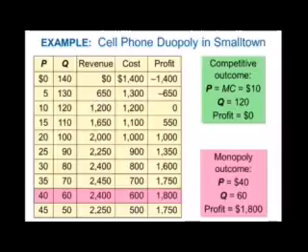So if there was just a monopolist, for example, just AT&T in the market, then the price would be $40, quantity would be 60 units, and the profits would be $1,800. But if there was a competitive outcome where price equals marginal cost, then marginal cost is $10, price is $10, so the quantity demanded would be 120 units, and profits earned by the firm would be $0.